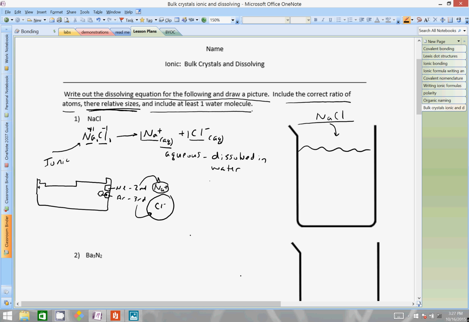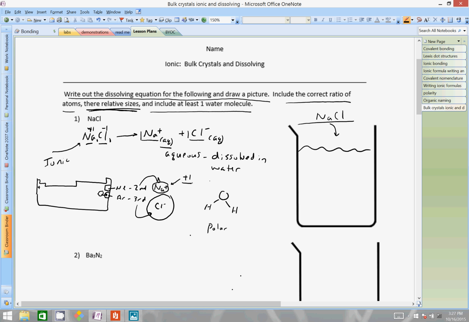Include 1 water molecule. Okay, now the water molecule looks like this, and you will learn more and more in this chapter that water is what's called polar, and polar has some amount of a positive charge on it and some amount of a negative charge. Now it doesn't have the entire positive, so right here we write literally +1.